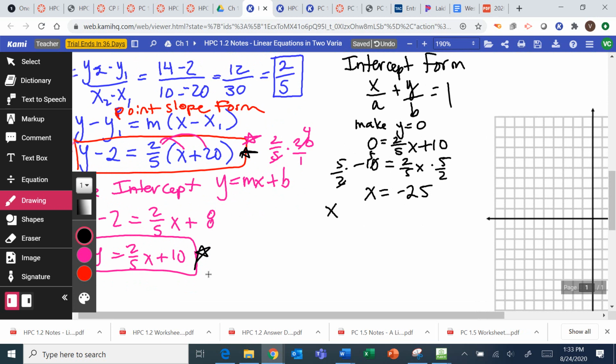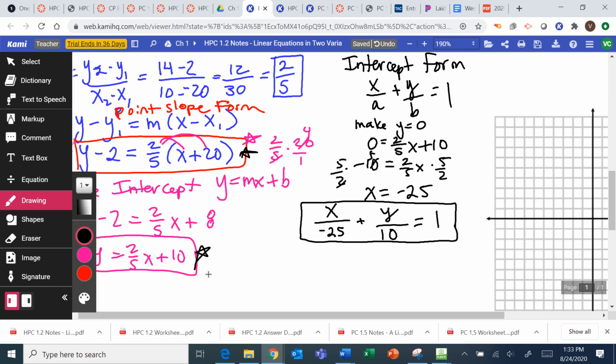So I'll have x over negative 25 plus y over 10 equals 1 for my intercept form. So you can look at intercept form and be like, x-intercept, negative 25, y-intercept 10, done.